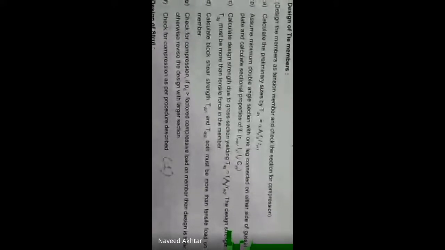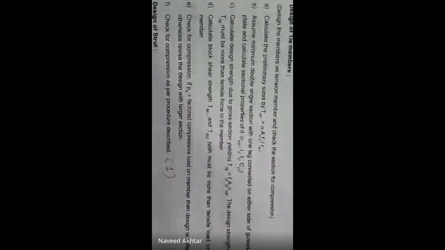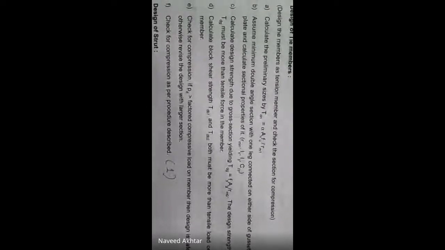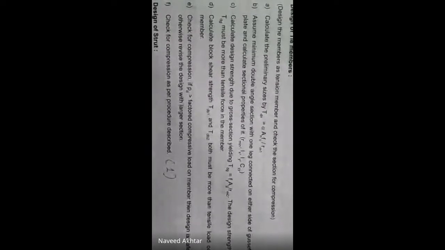So first you have to calculate the preliminary size of the member using TDN is equal to alpha AN FU upon gamma M1. You can calculate AN, gross area minus deduction for the hole.